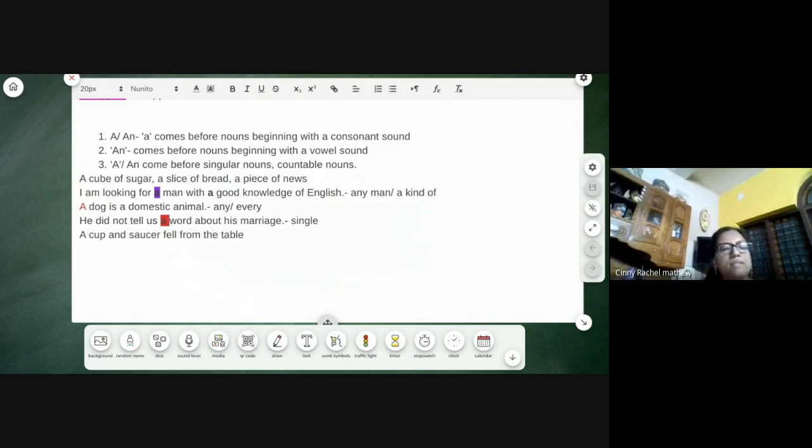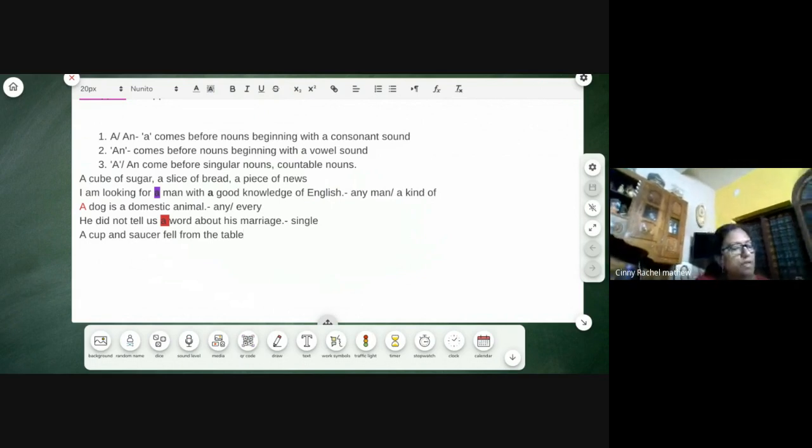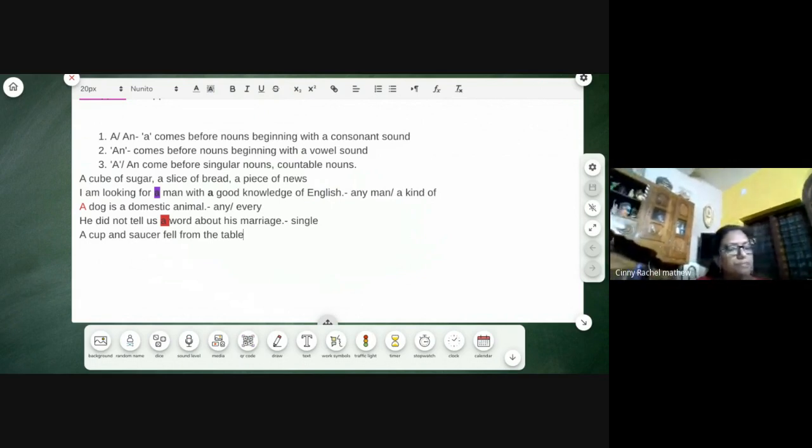A cup and saucer fell from a table. When you say a cup and saucer here, it means a set. The cup and the saucer fell together.